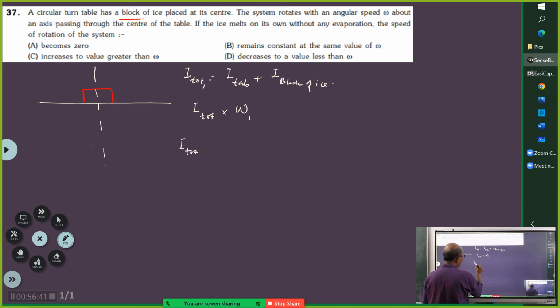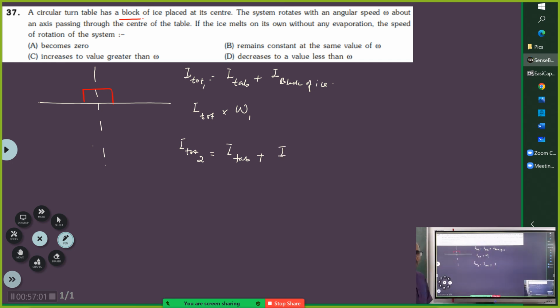Now I total 2 will be what? I of the table will be as it is. But now the ice is in the form of water. So what happened to the moment of inertia now? It depends on how it spreads.